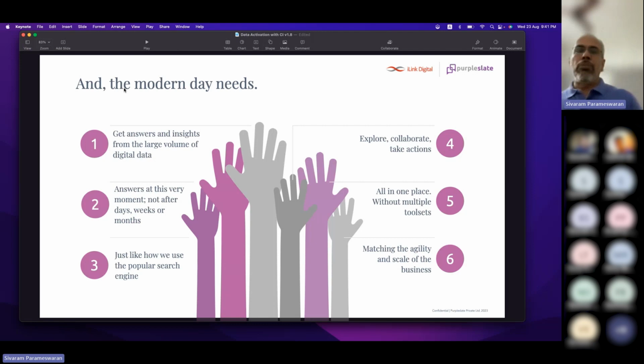It's almost like, can we replicate a search engine-like experience, just like how we would use it for any of our personal needs? Today, we look at a metric, and we also keep collaborating with others in terms of validating or taking an action, right?